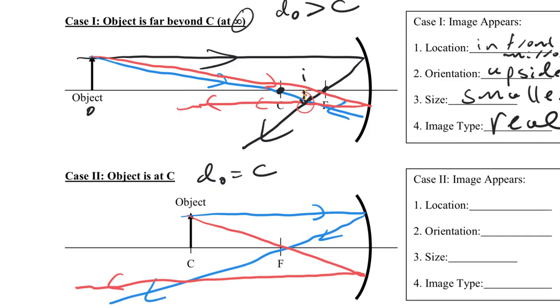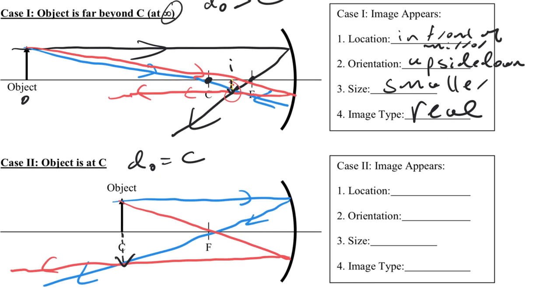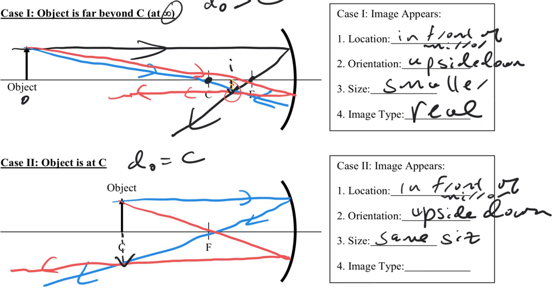It's supposed to be staying parallel. Well, what happens is the image will form with this top on the intersection point, and location will be in front of the mirror. The orientation is upside down, inverted. The size is same size as object. The image type is real because it's in front of the mirror.